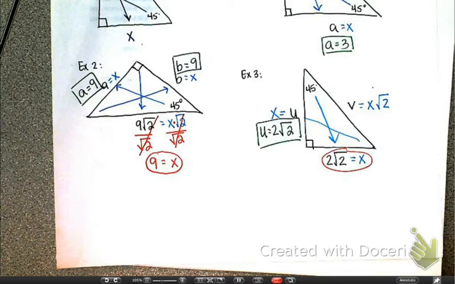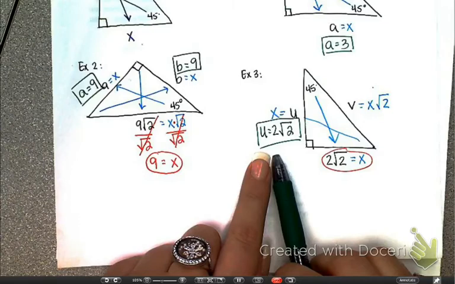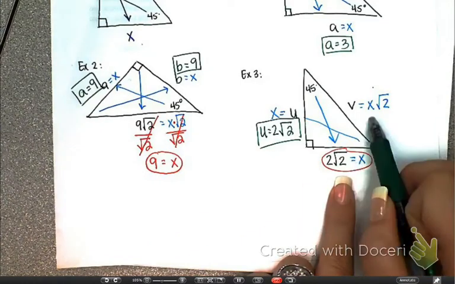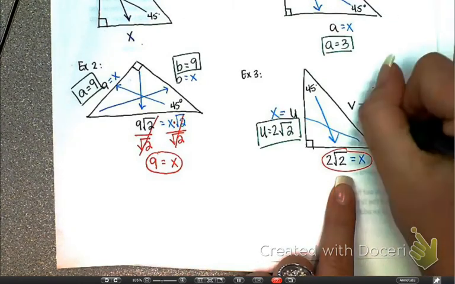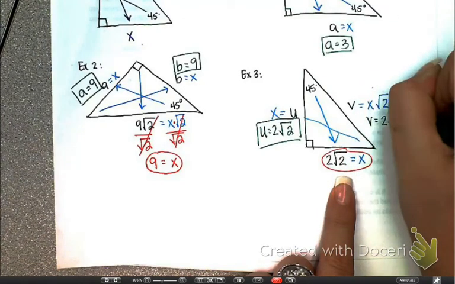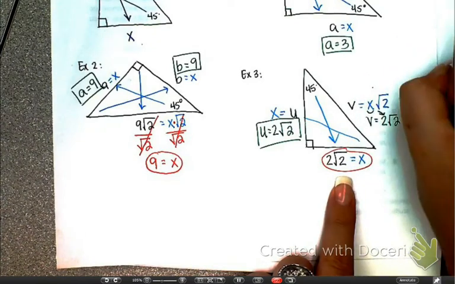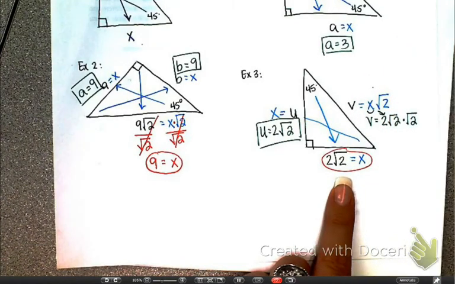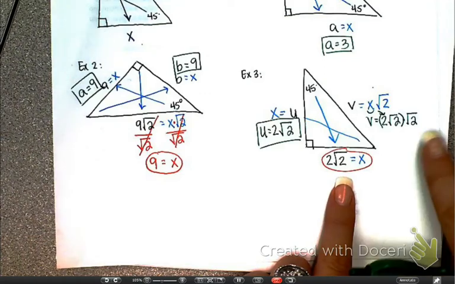Is everyone with me now? So this equals x. I plugged it in for you. We're okay there? So now I plug in x here. So v equals 2 square root of 2. That's what x is, right? I replace x with that, times the square root of 2 that's already there. This is my x, and this is what's already there.